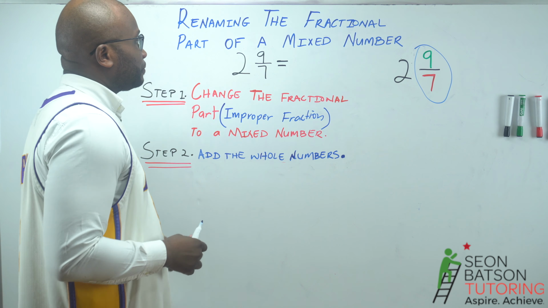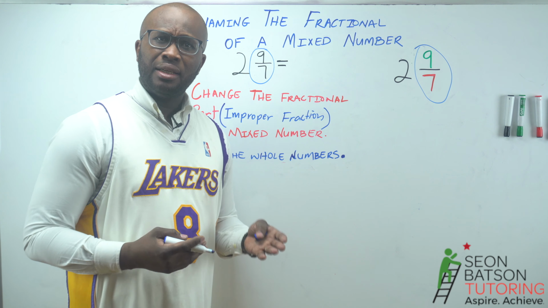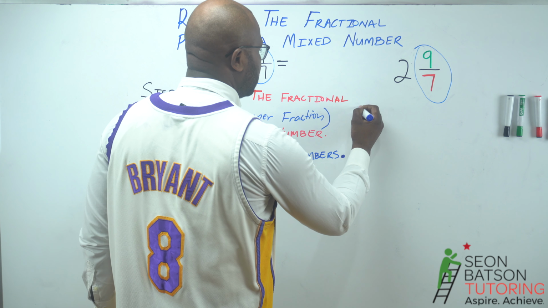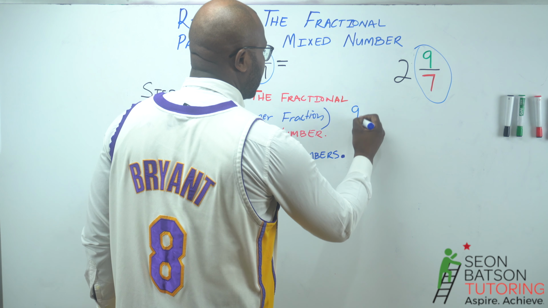Now, if you need to review how to change improper fractions to a mixed number, I recommend you watch my video, Changing Improper Fractions to Mixed Numbers. When you feel comfortable, you come back and join us.